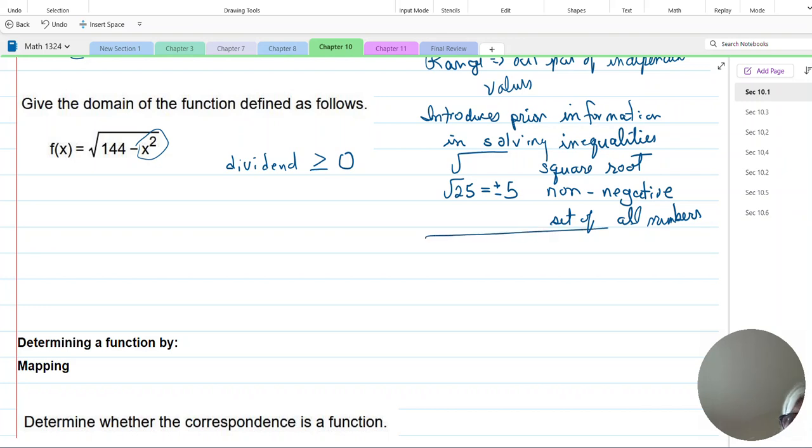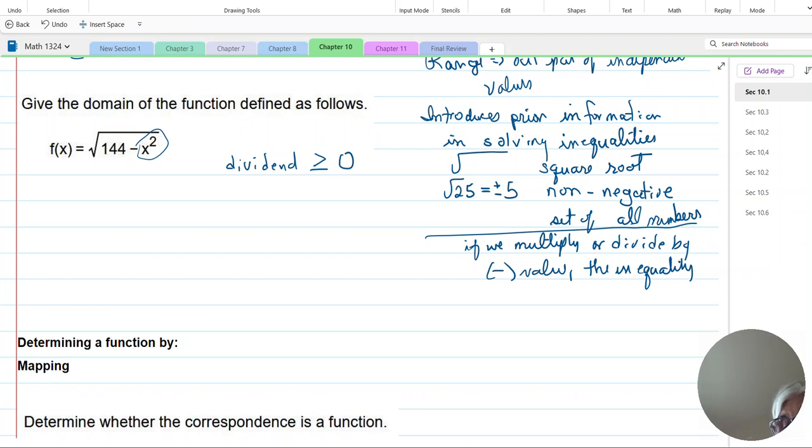So the other thing that we have to know about inequalities is the fact if we multiply or divide by a negative value, the inequality symbol changes directions. And we're going to have that scenario right here.